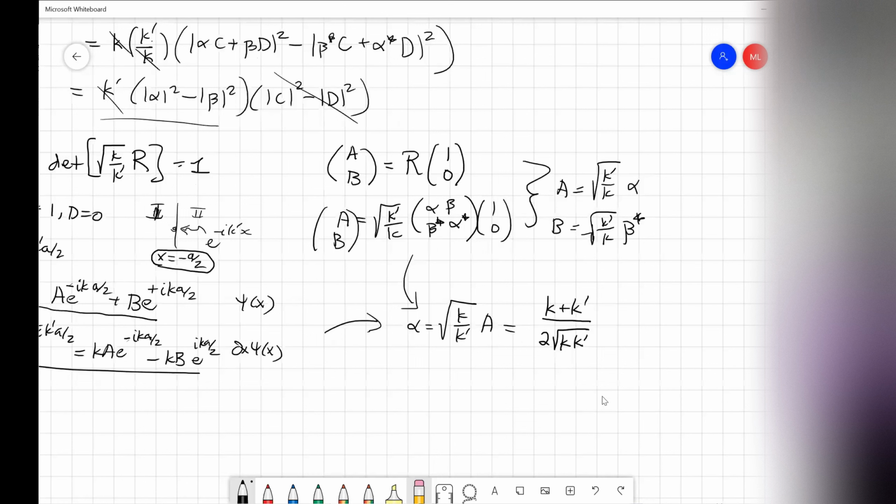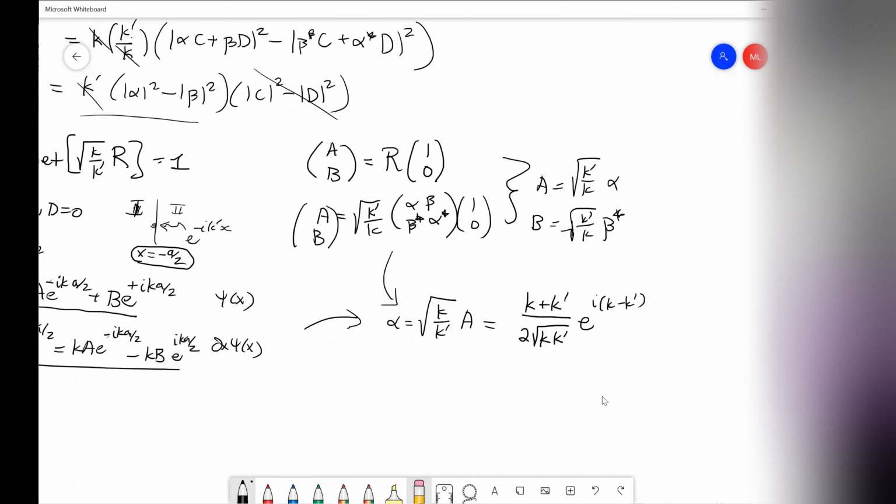So you get e to the I, k minus k prime, A over 2. And for beta, you get k minus k prime over 2 square root of k prime, the I, k plus k prime, A over 2.